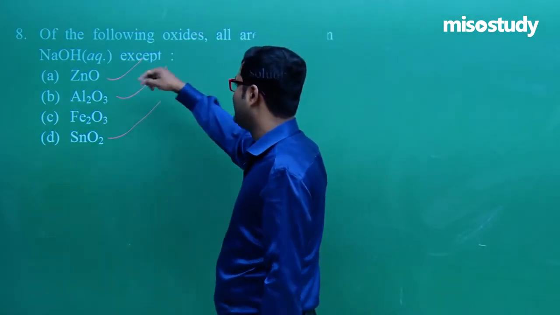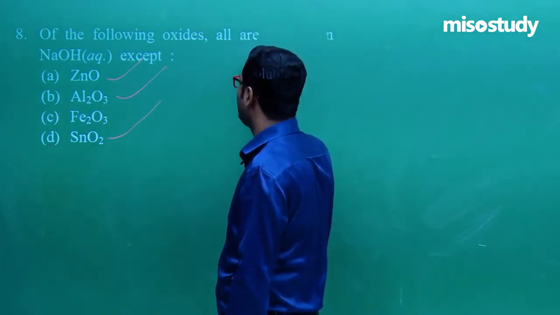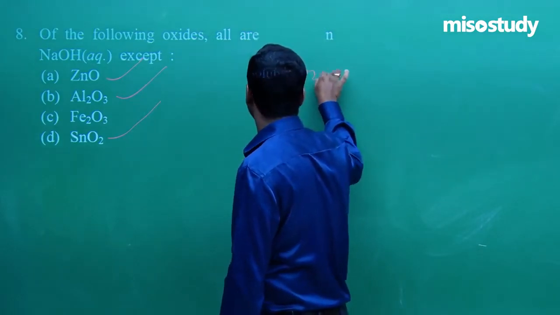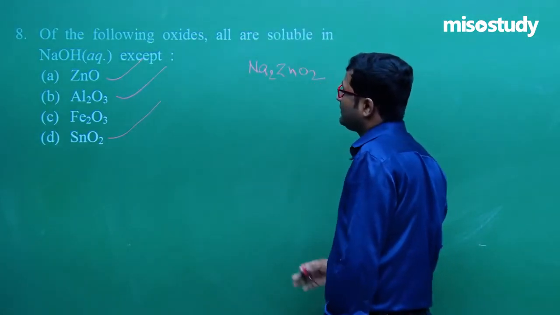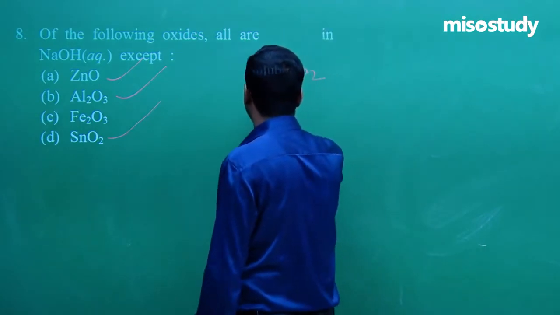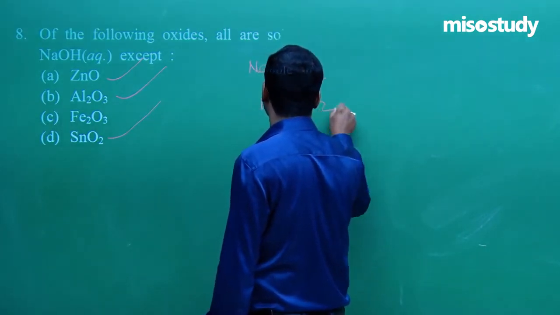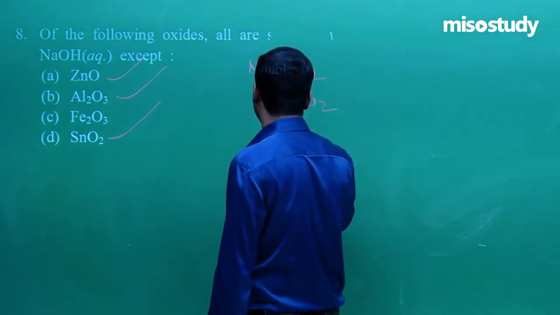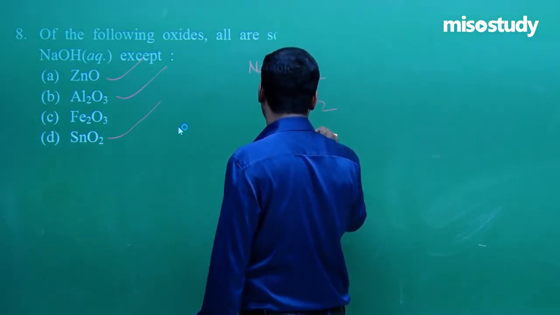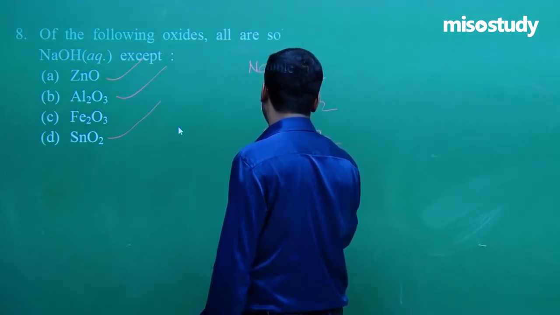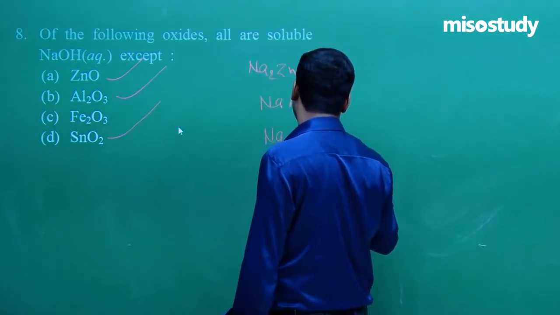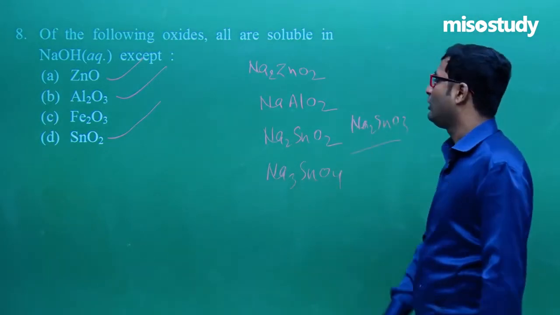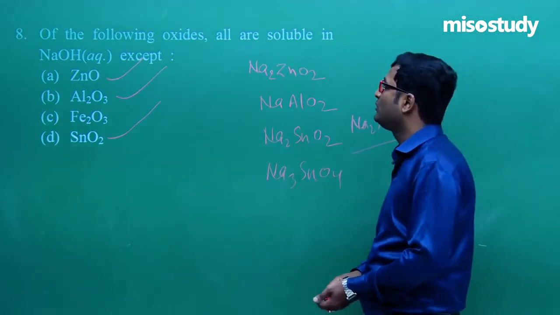If treated with NaOH, ZnO gives Na2ZnO2. Al2O3 gives NaAlO2. SnO2 gives Na2SnO2 or Na2SnO3, all possibilities. Clear to you?